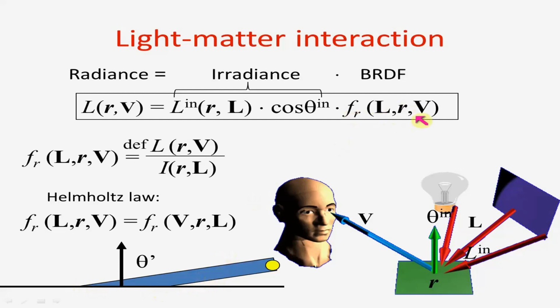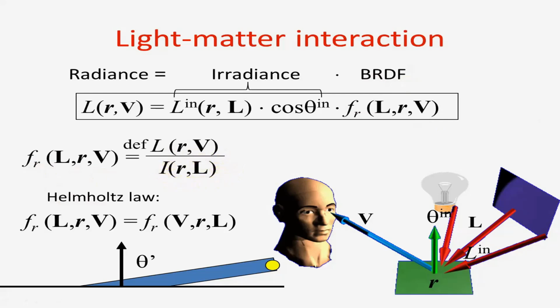The likelihood of the reflection is called the bidirectional reflectance distribution function, or BRDF for short, and we usually denote it with f_r. So by definition, the BRDF is the reflected radiance divided by the incident irradiance.